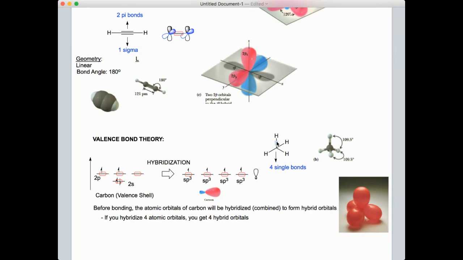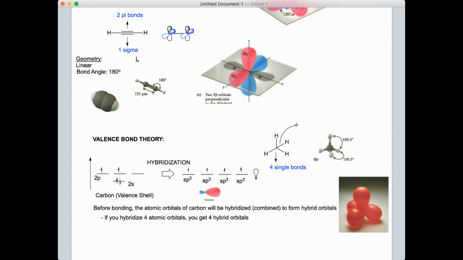Okay, so 4 single bonds are 4 sigma bonds. For these sigma bonds, the carbon will be using sp3 hybrid orbitals. And the angle in between these sp3 hybrid orbitals is going to be 109.5. It's a tetrahedral structure.